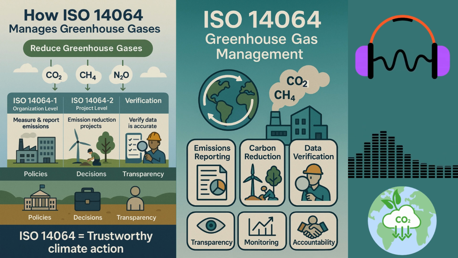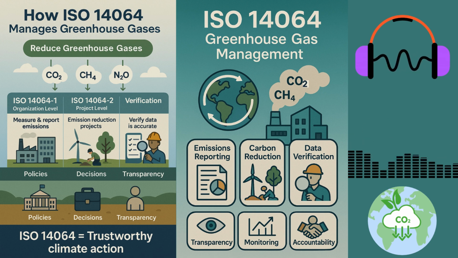To ensure this happens effectively, the standard is built on 7 key principles found in Section 5: relevance, completeness, consistency, accuracy, transparency, conservatism, and continuous improvement. Relevance is straightforward. Completeness means an organization's inventory must include all significant sources of emissions and removals within its defined boundaries.